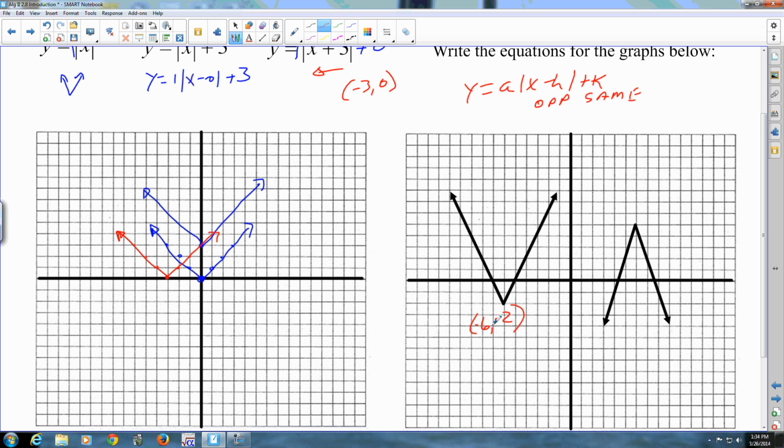I'll worry about this value of a in just a minute, which we treat as slope. y is equal to, I'll give a space. You read this opposite, and that one the same. It's opening up, so this number is positive, and I'm going to read the slope. So how about through these 2 points? Up 2 over 1, so it's a 2.